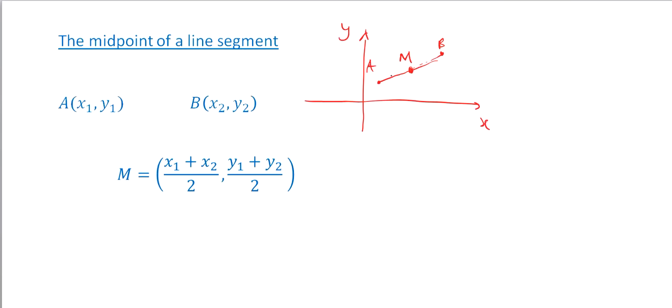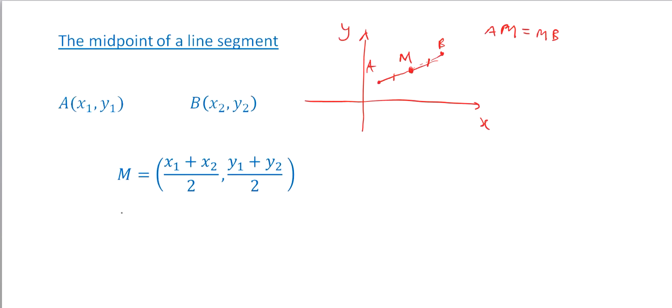So we have M here, which is a midpoint, and this length is the same as this length. So what we're saying is that AM is equal to MB in terms of length, right? So M is directly in the middle of A and B.